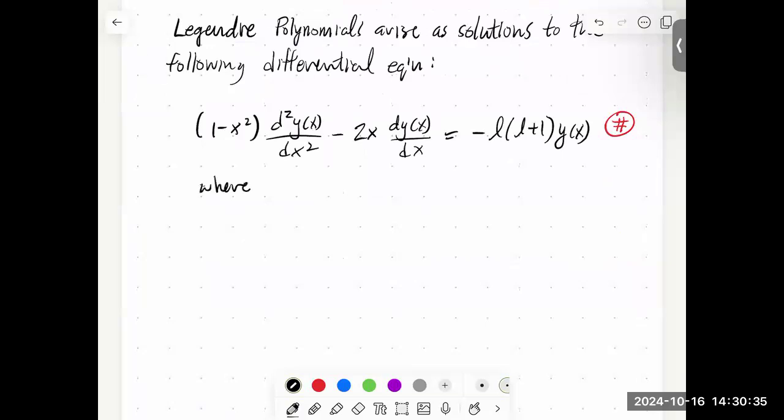Okay, so what do we have to say? L is some integer, and we are interested in the domain -1 to +1 for x.